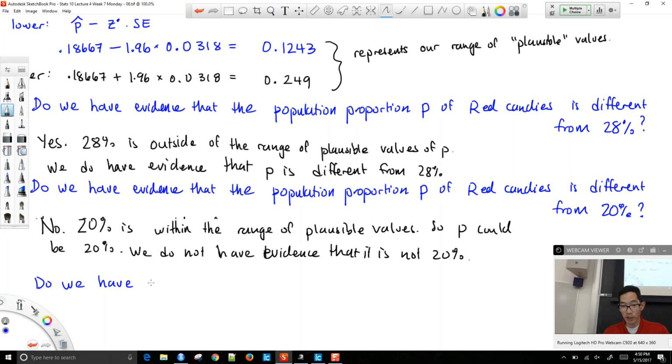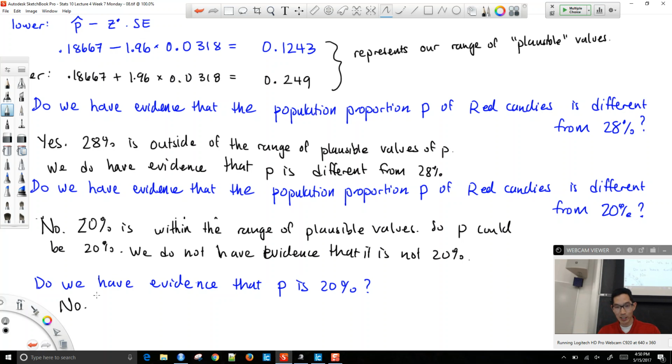Do we have evidence that P is 20%? The answer here is also no, because even though we said we do not have evidence that it is not 20%, that is not the same thing as saying we have evidence that it is 20%.